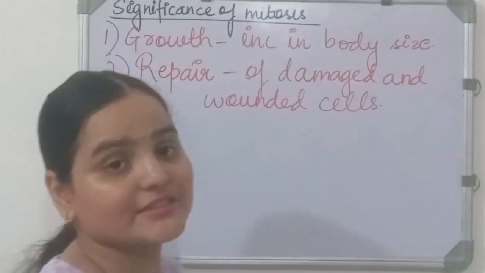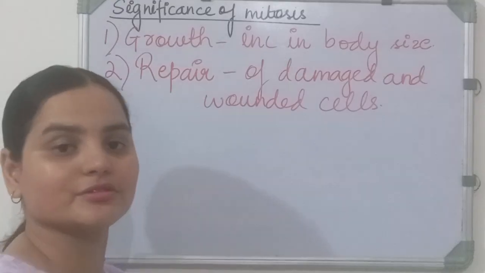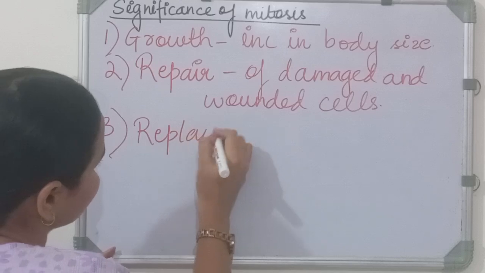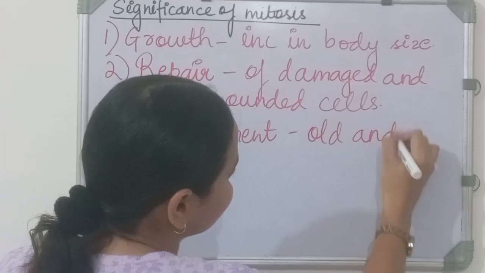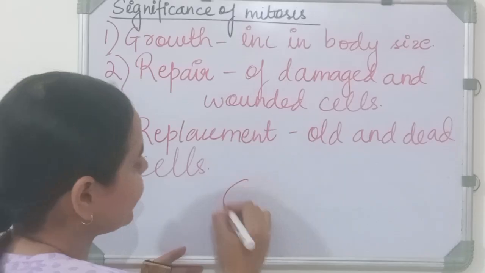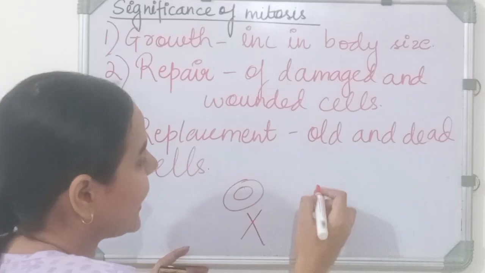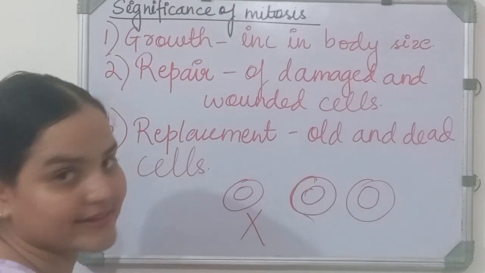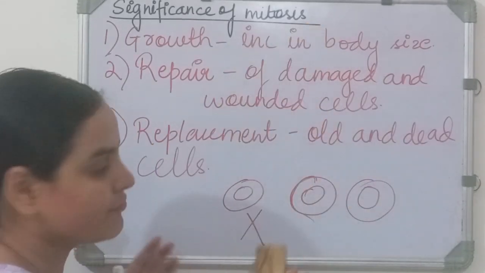The cells which are constantly damaged are being replaced with the help of mitosis. Now next is replacement of old and dead cells. Suppose these are our red blood cells. They have a lifespan of 120 days, so they will die and new red blood cells will be formed. The cells which are dead are also replaced by new cells with the help of mitosis.